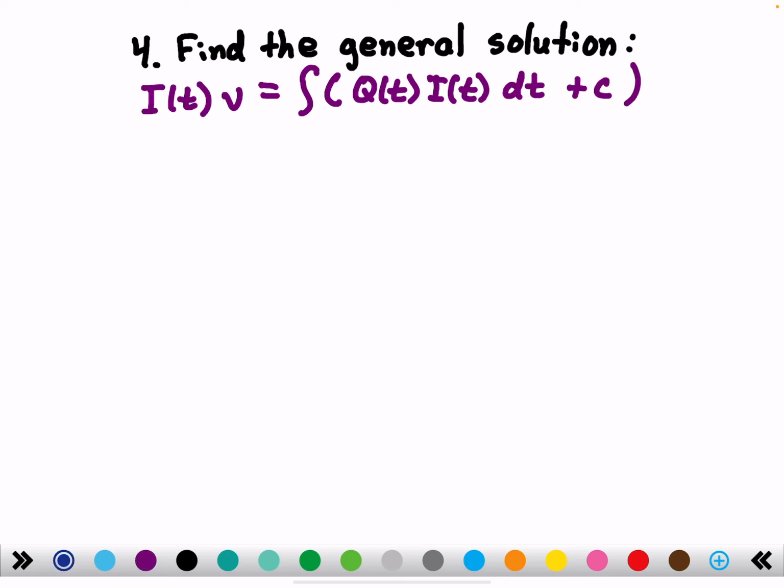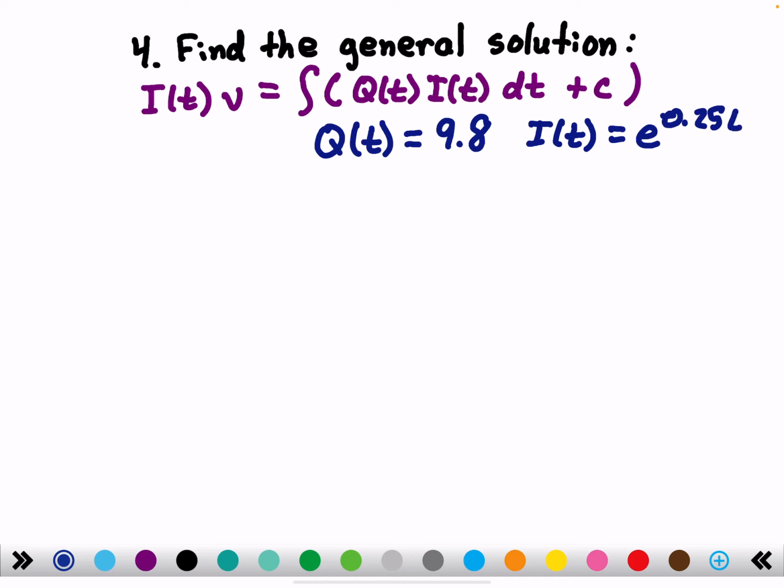Now, recall from step number 2, we know that q sub t equals 9.8. In step number 3, we found I sub t to be equal to e to the power of 0.25 t. Now substitute those into the formula and then do the integral and simplify.